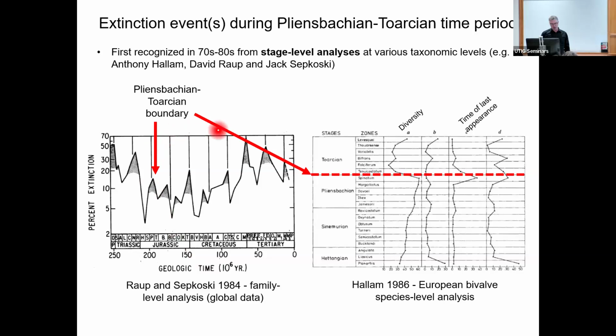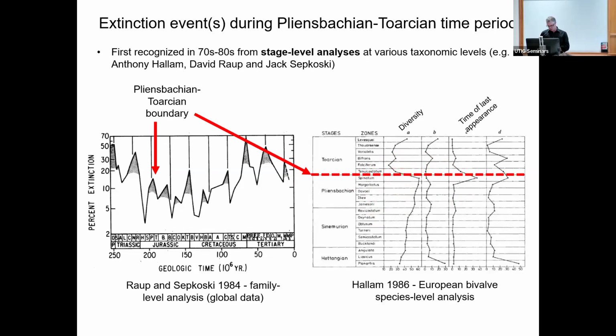And this here is their family level chart of extinctions from the Triassic time period through to the present day. One of the peaks in the extinctions here equates to the Pliensbachian-Toarcian time period.